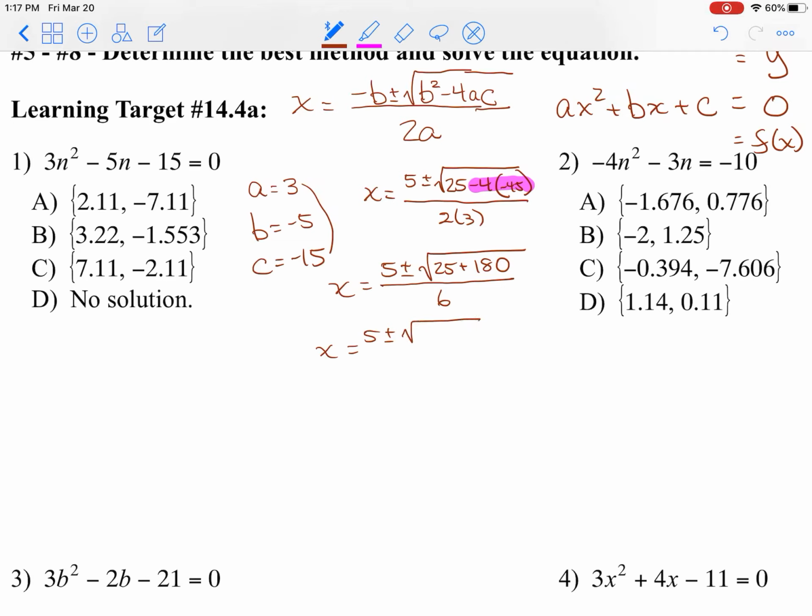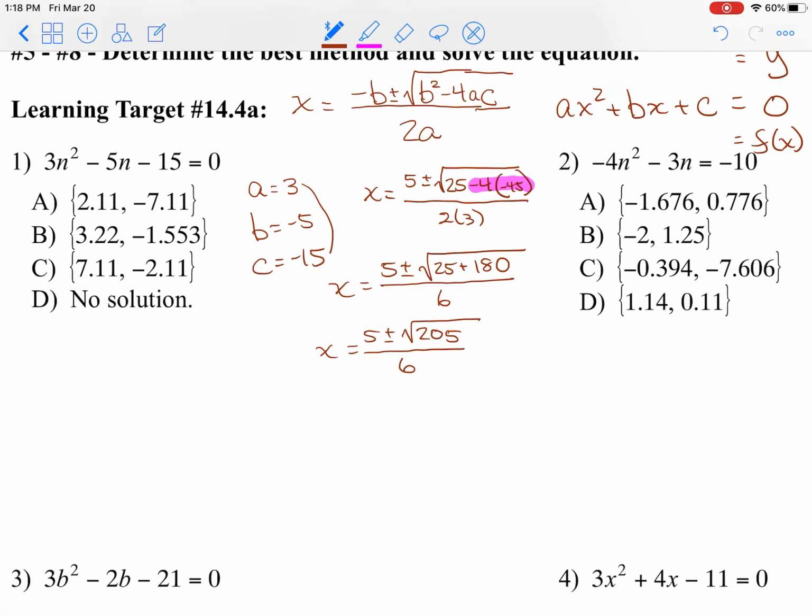All right, so we've got a little more work to do. Underneath the radical, 25 plus 180 is 205. And now we have to do the square root of 205. Let me type that in the calculator. Second x squared to get my square root symbol, 205.